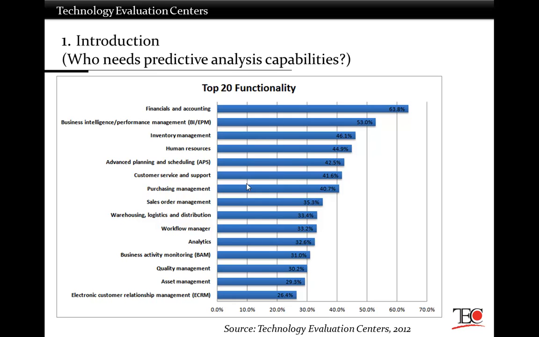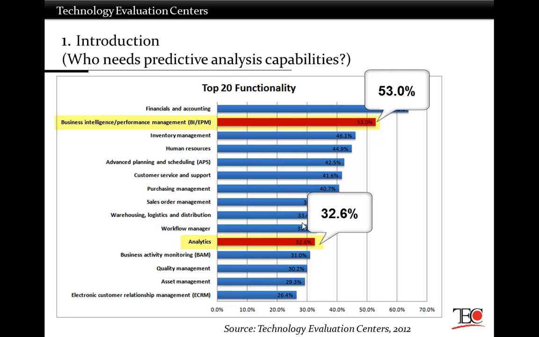From data collected during 2012, among ERP users using our diverse evaluation sets and gathering a sample list of top functionality features, we perceive that when evaluating ERP software options, users are looking for two main functional features. These stand out in second and 11th position respectively. One is BI and performance management, and the other is analytics.